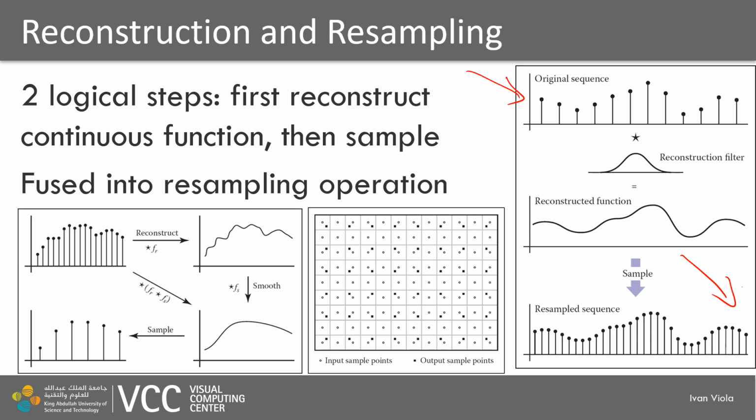As a first step, we reconstruct the original continuous function from our samples using a continuous convolution with our reconstruction filter. And then this function, which is now already continuous, we can sample at a much higher sampling rate.